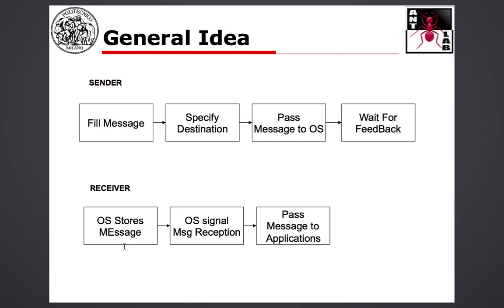And when the message is correctly decoded, an event will be fired or signaled. And you have to write the code inside the reception event in order to, for example, read the message that you have received and perform actions on the basis of the data contained in the message.